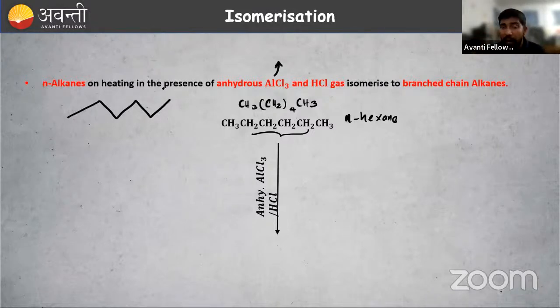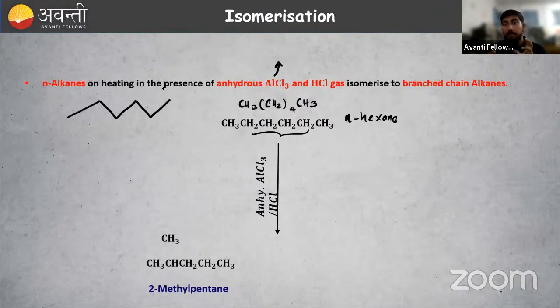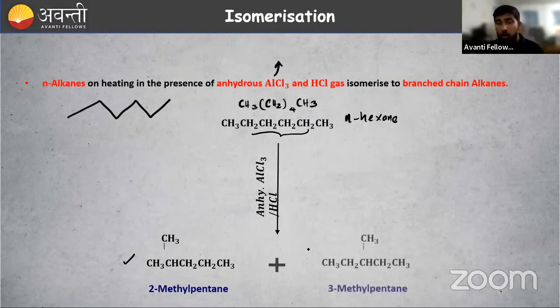In the presence of anhydrous AlCl3 and HCl, some branched alkanes are formed. Here also the number of carbon atoms is 6, the number of hydrogen atoms is also the same, and the molecular formula is the same. So isomers are formed, with some new branches. For example, 3-methyl pentane, 2-methyl pentane, etc. are formed.